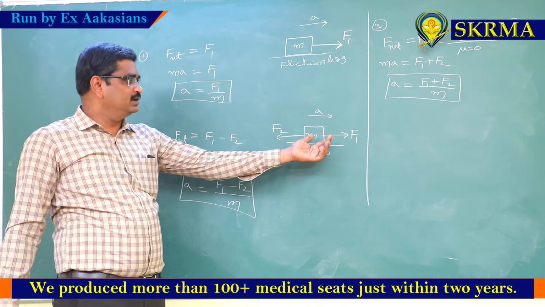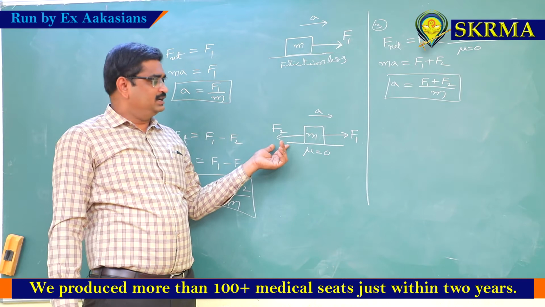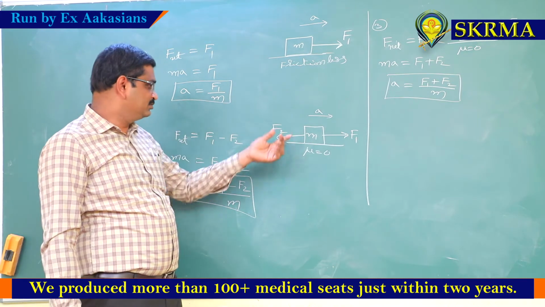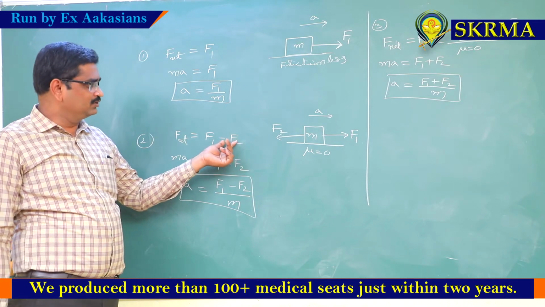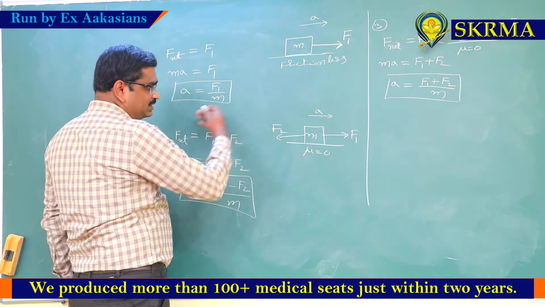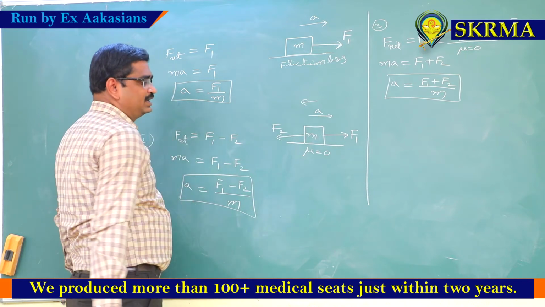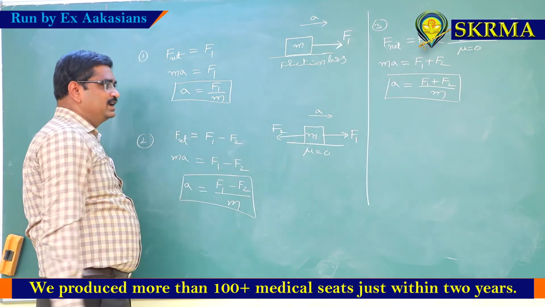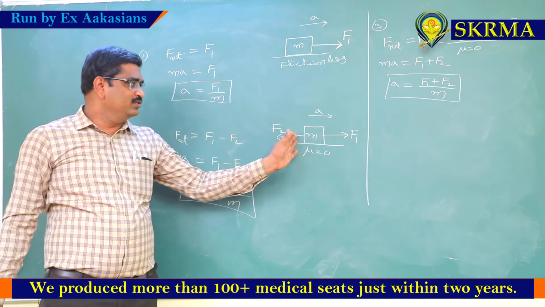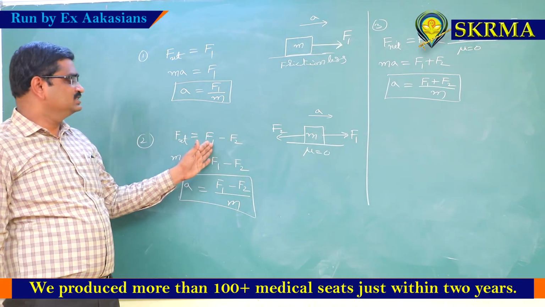For this one, F1 and F2 are directed opposite to each other, so net force is the difference between these two: F1 minus F2. Sometimes if it is moving towards the left, then we need to take F2 minus F1. Here we are assuming that this is moving towards the right, so F1 minus F2 is the net force.